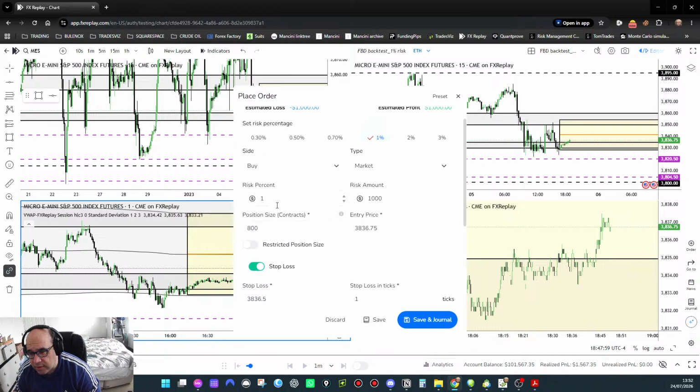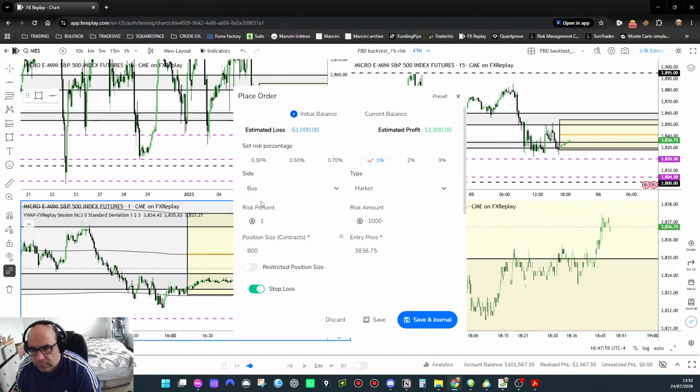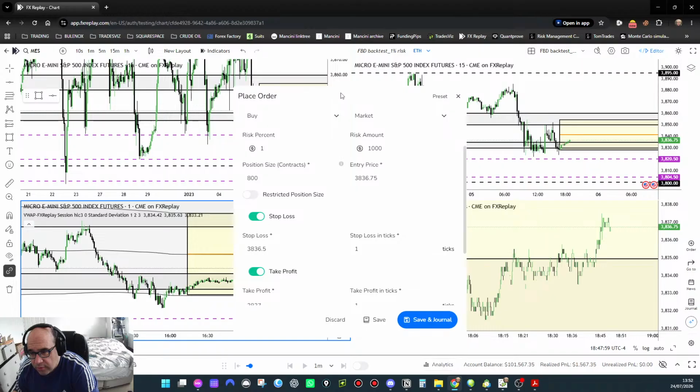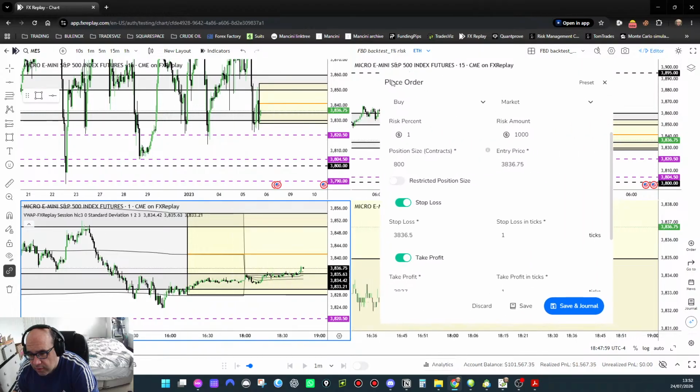One size, risk 1%. So we risk 1%. Stop loss. Let's do that. Okay.